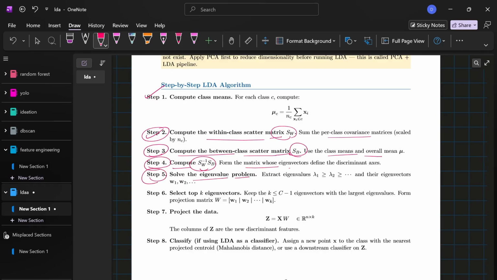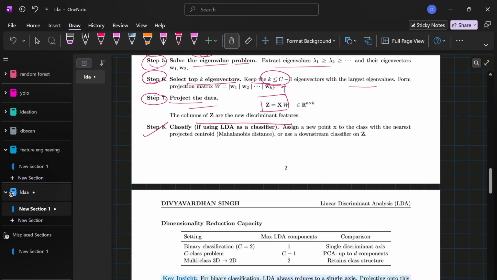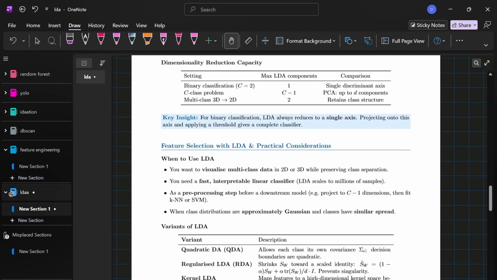Step 5 is solve the eigen problem and get your eigenvalues and eigenvectors. Step 6 is sort eigenvalues from largest to smallest and pick the top k eigenvectors, where k is at most C minus 1. Step 7 is form your projection matrix W from these k eigenvectors and project your data. Z equals X times W. So that's your new lower dimensional class-separated data.